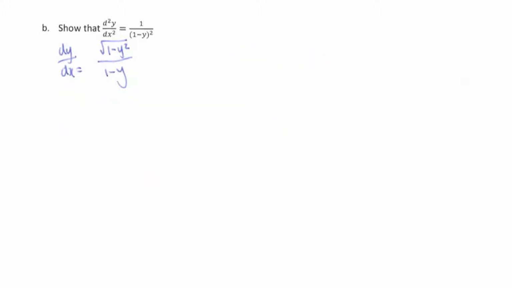Okay, I need to find the double derivative of y with respect to x. The first thing I do is I take my previous answer and reciprocate it. Now understand what the double derivative of y with respect to x is. It's the derivative of dy dx with respect to x. So it would be incorrect if those of you who took dx dy, differentiated x with respect to y a second time and reciprocated it, that would lead to an incorrect answer.